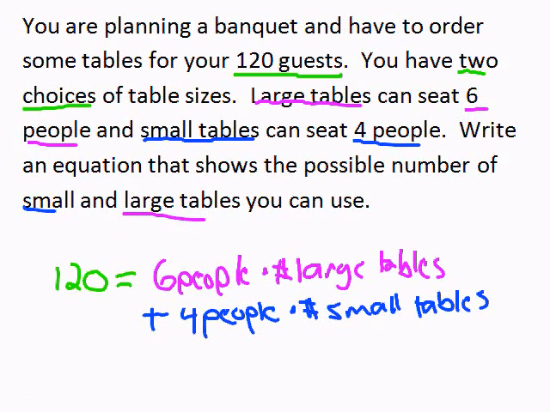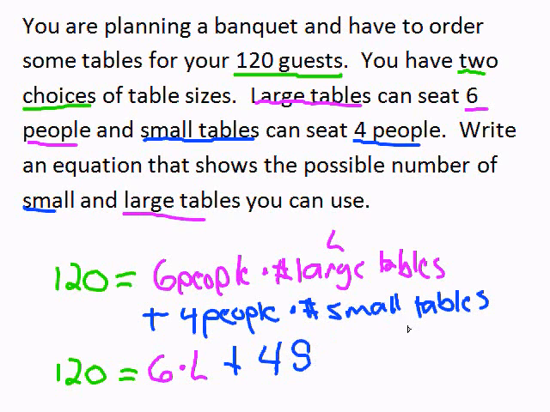What I'm going to do at this point is turn these words into just numbers and letters. So I'm going to say 120 is equal to 6 people times the number of large tables. I'm just going to say 6L, because the number of large tables I'm going to call L, plus 4 people times the number of small tables, 4S, because each small table seats 4 people.